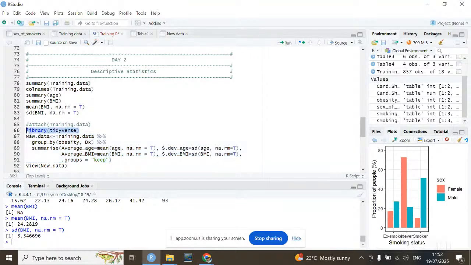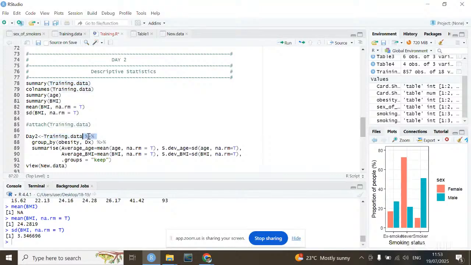But since we have loaded it, there's no need for us to load it again. So here, let me create a new data object. You can call it day2. Then I put the name of my data, which I had imported.